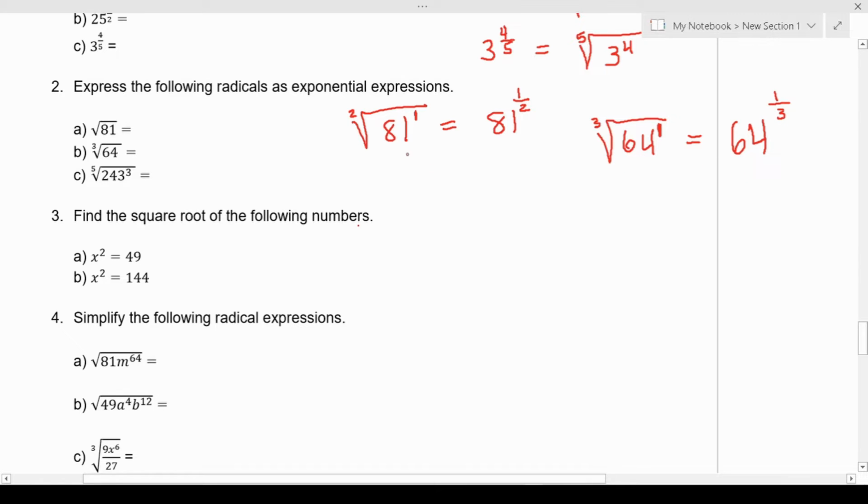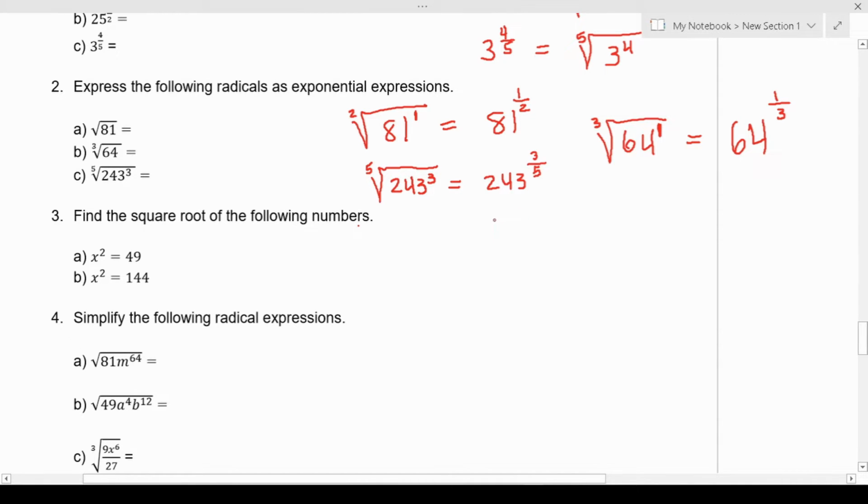Okay? And then finally, we have this one, the cube of 243 under a 5th root. So this becomes 243. Again, this power goes in our numerator, and this index goes in our denominator.